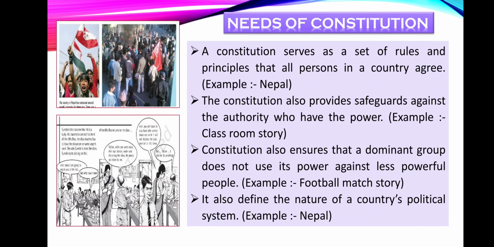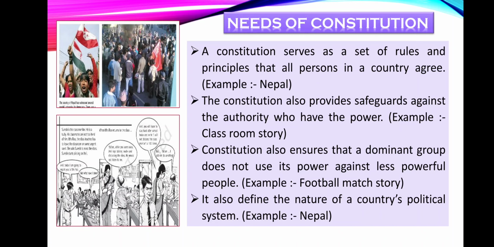The constitution also ensures that a dominant group does not use its power against less powerful people. Again, one example is given, the football story in your book. In our society there are different majority groups. It can be a religious majority, it can be a cultural majority.